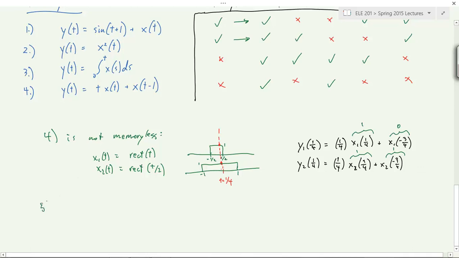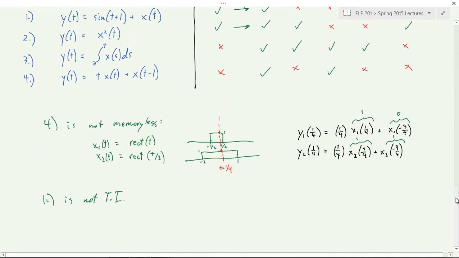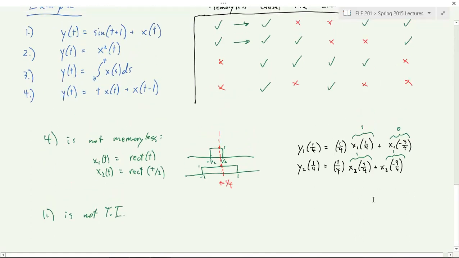So we want to show again that 1 is not time invariant. All I'm going to do is take an x, and this is easy. I just need to take x equals 0 to do my example. Let x1 of t equal 0.